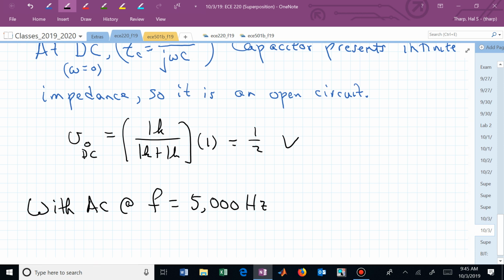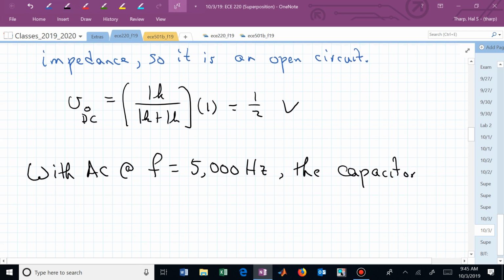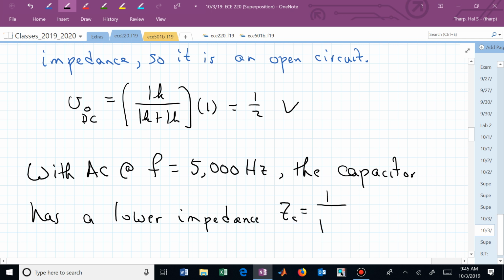With AC at a frequency of 5,000 hertz, the capacitor now has a lower impedance than infinity, since the impedance of the capacitor, Z sub C, is equal to 1 over j omega C.